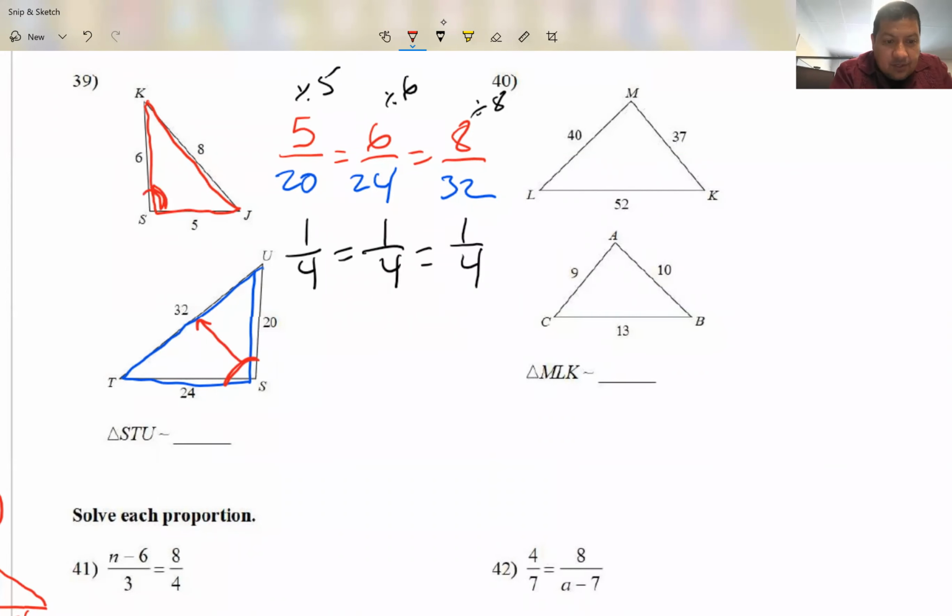So my second letter is T. Notice how T is opposite the smallest side of all three, so I'm going to say that one goes with K. So T goes with K. So obviously it will be SKJ by side.